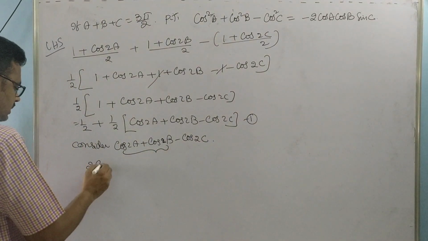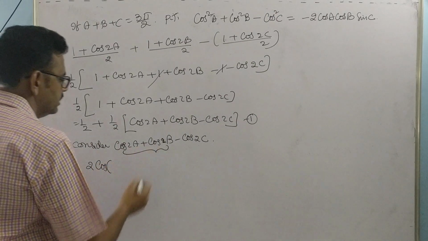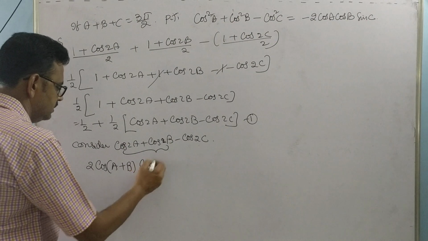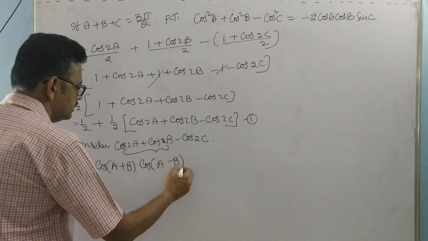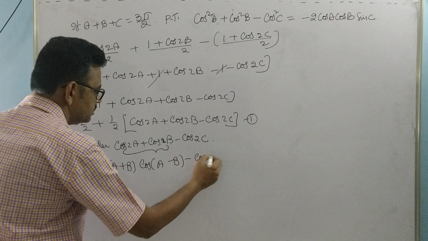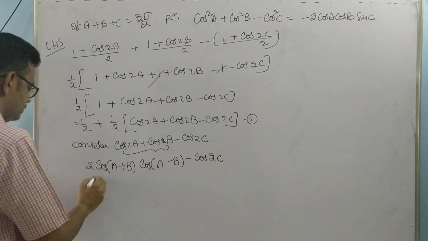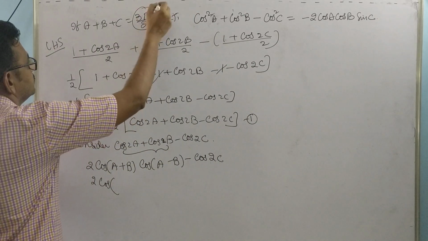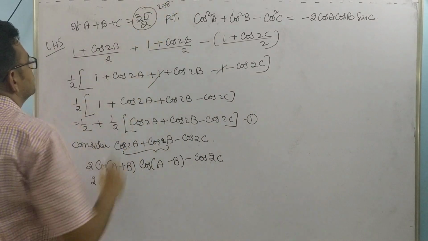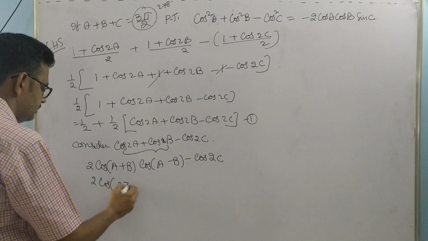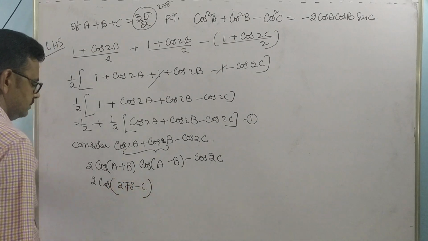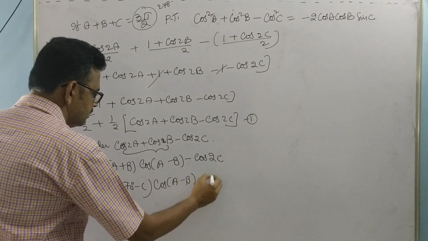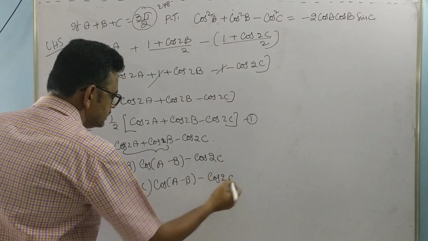So this is 2 cos of (2A plus 2B) by 2, which is A plus B, into cos of (A minus B), minus cos 2C. But A plus B plus C equals 3 pi by 2, that is 270 degrees. So A plus B is 270 degrees minus C, into cos of (A minus B), minus cos 2C.